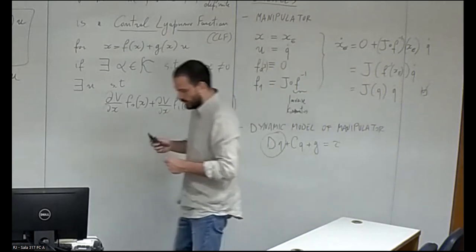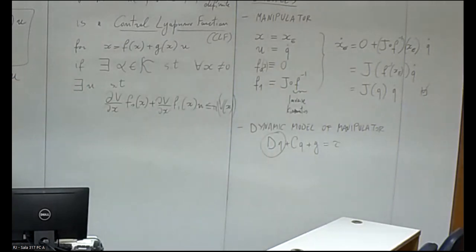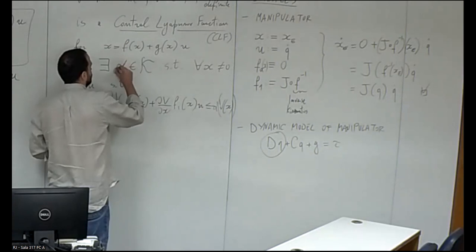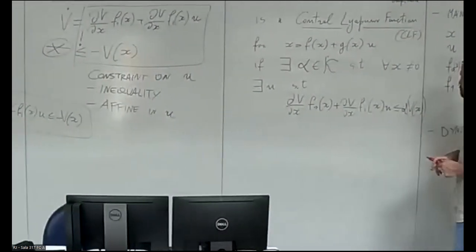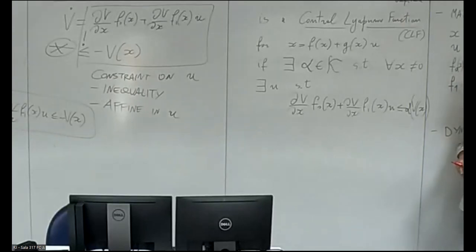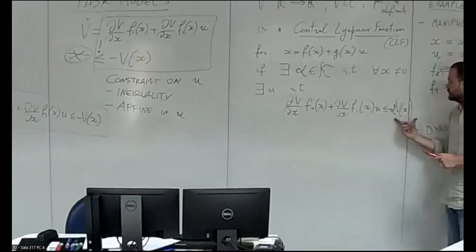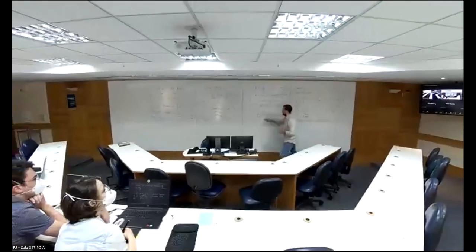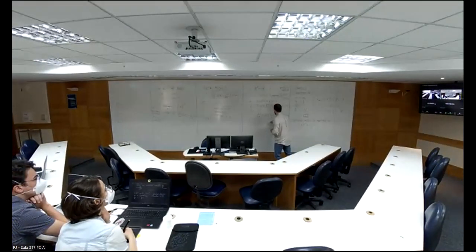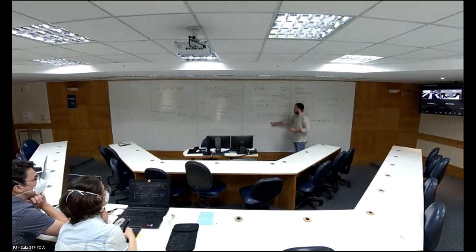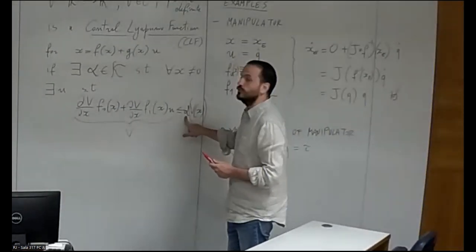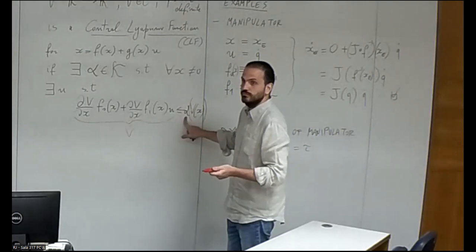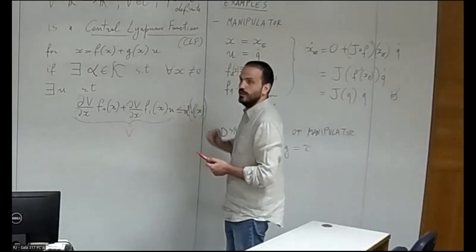You already see in a way what this function alpha is used for. It is used to control how fast this V dot goes to 0. Before, we chose alpha to be just the identity function, minus V of x.